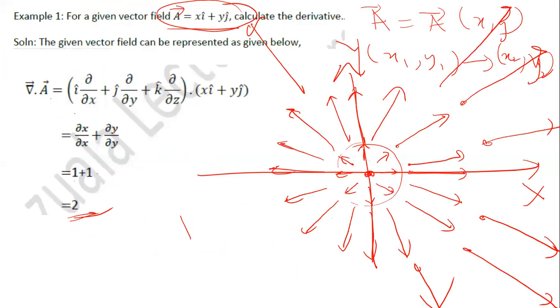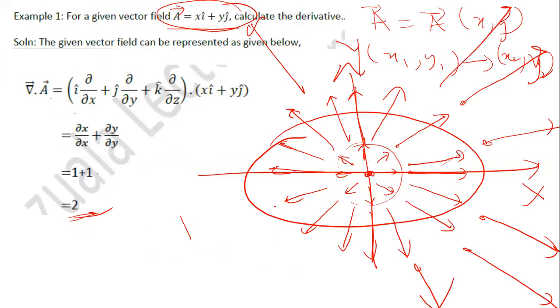But on the other hand, if you look at this vector here, you consider a certain space, for example. In this certain space like this, there is no inflow of vector. Only vectors are flowing away from this, isn't it? So that means this vector is diverging.